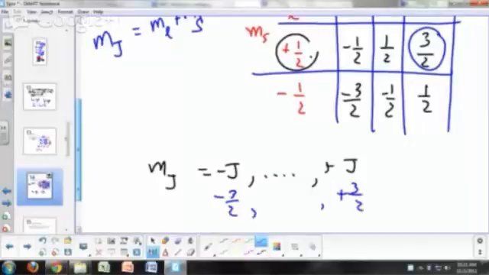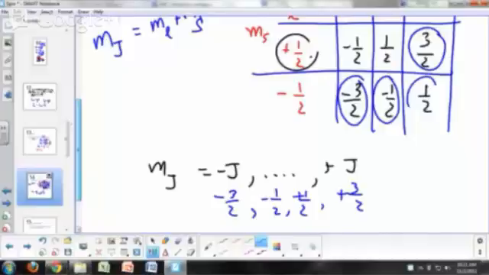What are the other m sub J's that are part of this set? Negative 3 halves, negative 1 half, positive 1 half. So I can pick any of these negative 1 halves and any of these positive 1 halves. That's one set. That's one of the allowed J's. J equals 3 halves.